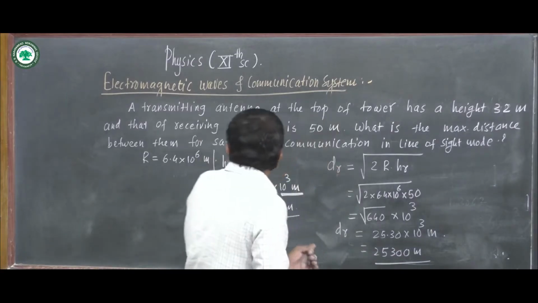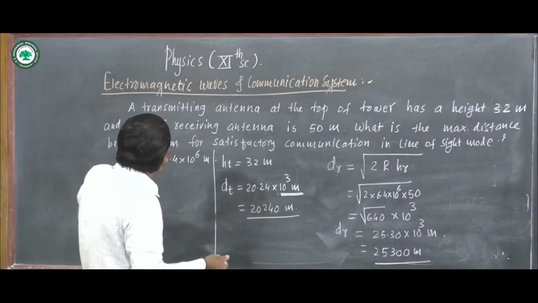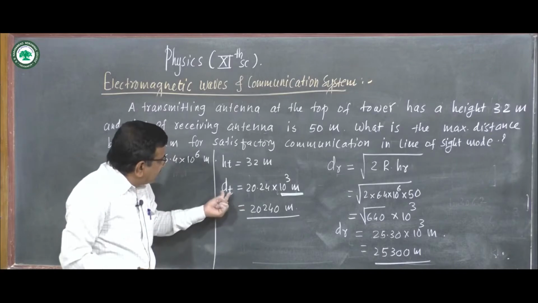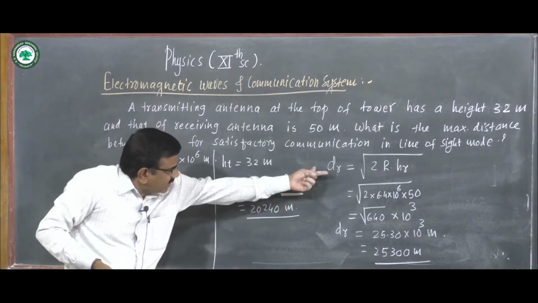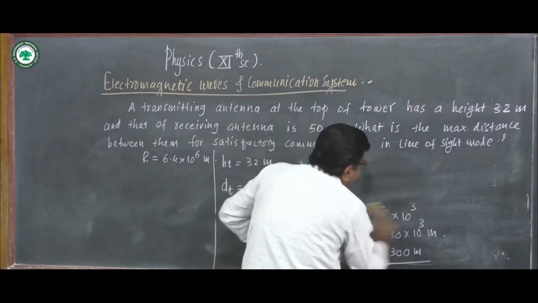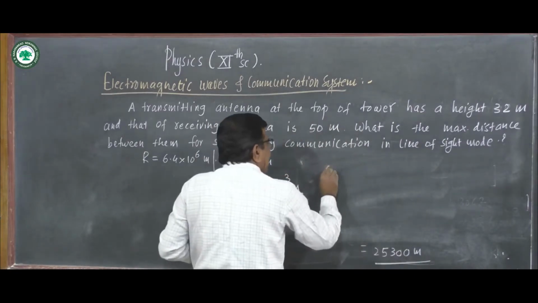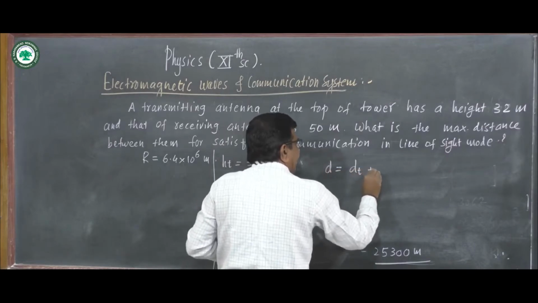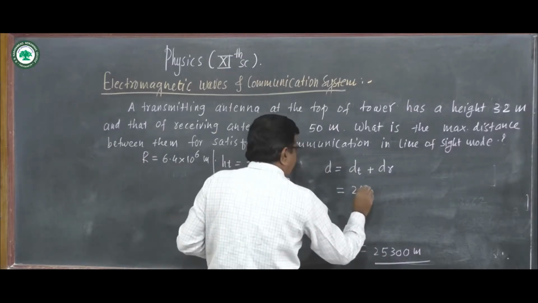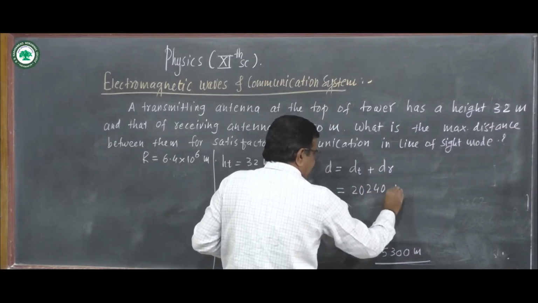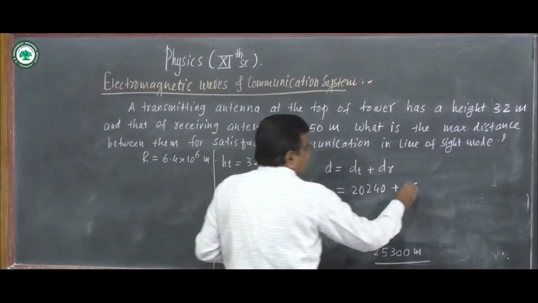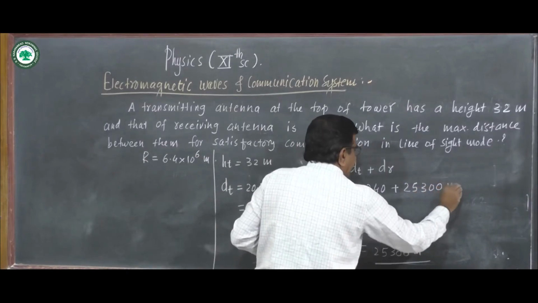What we have to find? Maximum distance between them for the satisfactory communication. That maximum distance is this range of transmitting antenna plus range of receiving antenna. So that maximum distance D is dt plus dr. dt is 20240 meter plus this is 25300 meter.